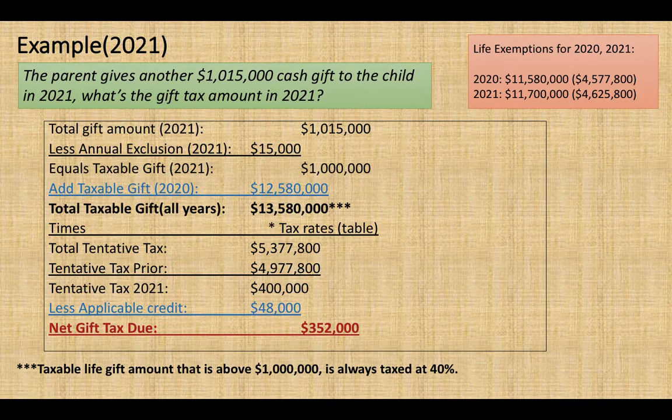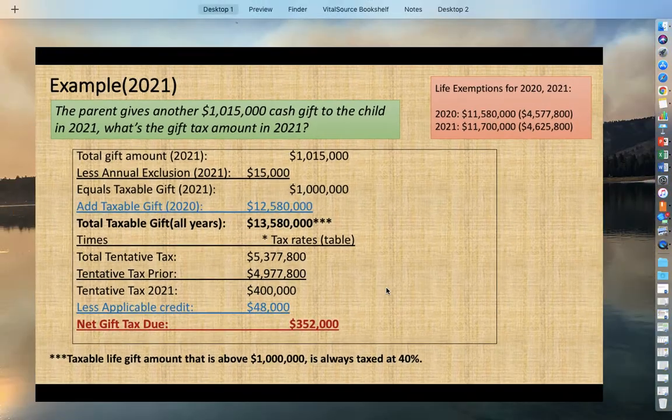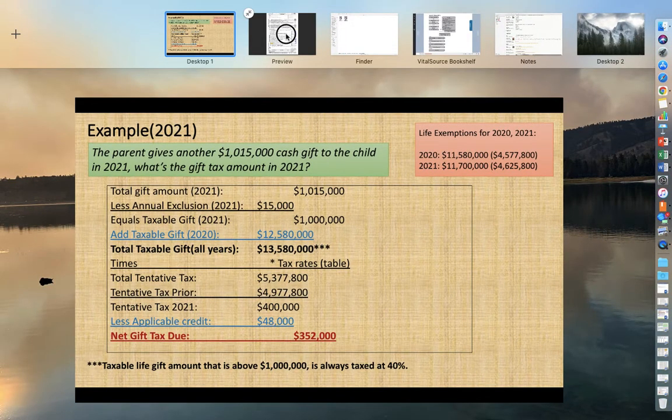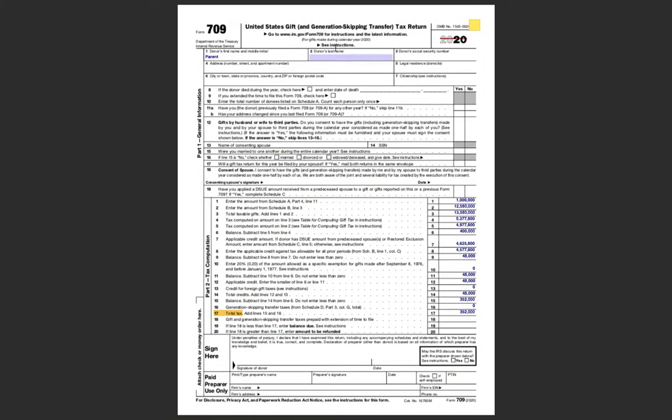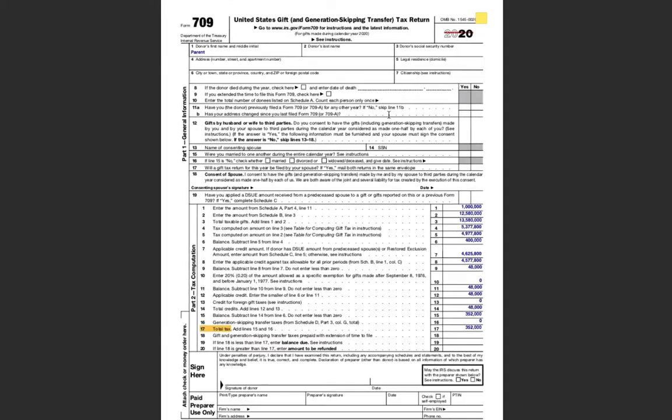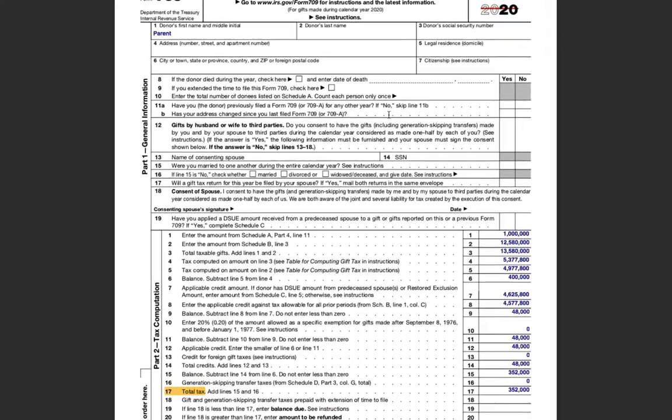Okay, I'm going to show you how to fill out the 709 form. For this form 709, I don't have the 2021 form because the IRS hasn't put it out yet. So I'm going to use the 2020 form, but just to let you know, this is a filing for 2021.